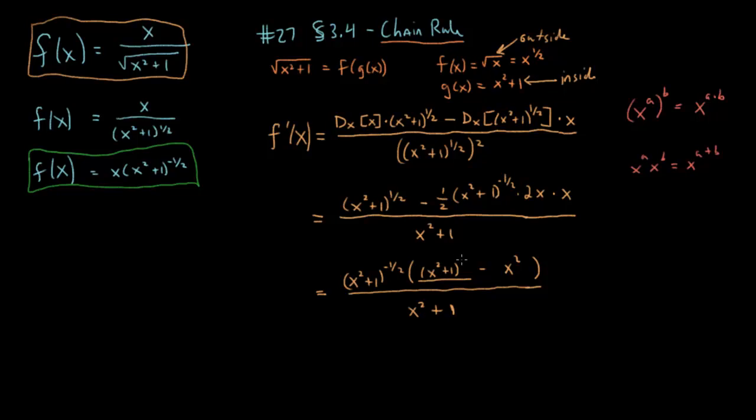Well, what do you think it is? Negative 1/2 plus what equals positive 1/2? Well, I think that's a positive 1. If you put a positive 1 power there, 1 plus negative 1/2 gives you positive 1/2. Now, why is that super useful? Well, you can see in the next step.